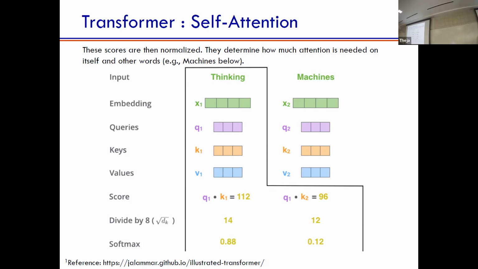In the original paper, they had some extra scaling by the square root of some dimension, but it doesn't matter. You just do a softmax. If you have a bunch of numbers that are not normalized, you can rescale them to between 0 and 1, and they sum up to 1. These are attention weights. Once you get attention weights, the only things left are the value vectors, and you do a weighted combination of those.